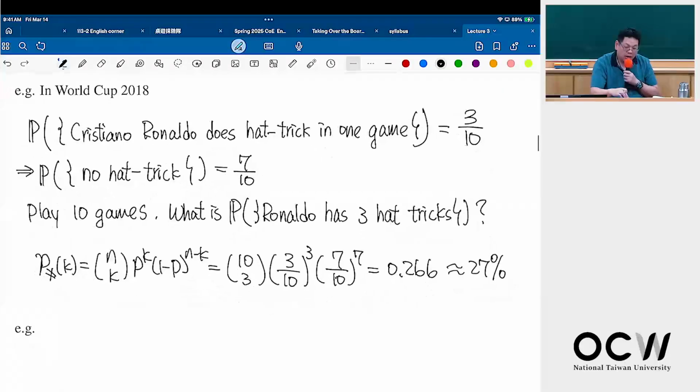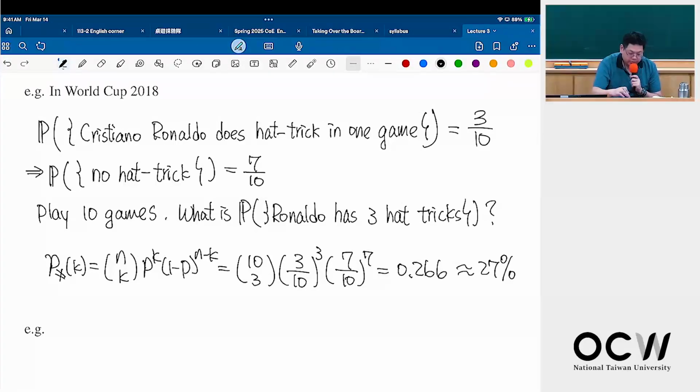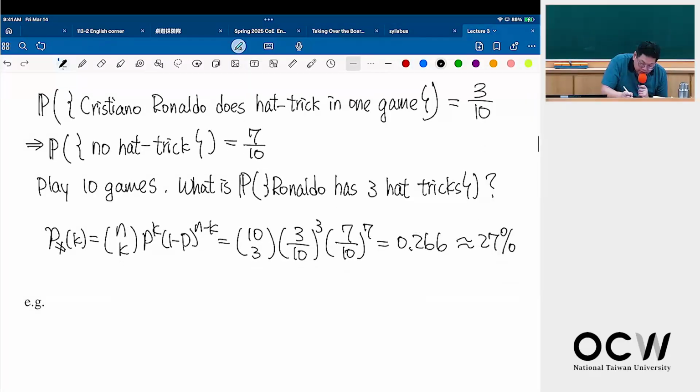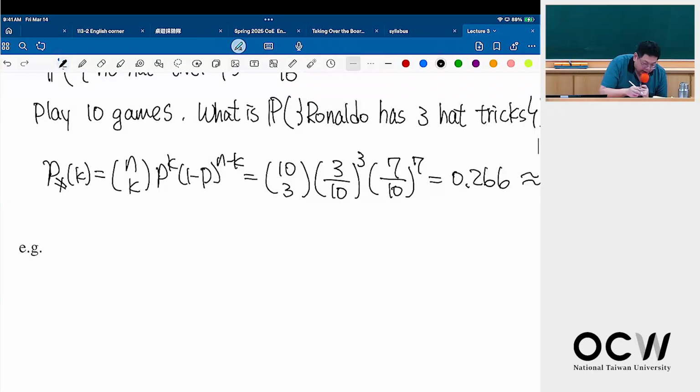Okay, now another example, since we talked about Cristiano, then how about Lionel Messi? So this time, Lionel Messi, the probability of getting goals in the penalty area.